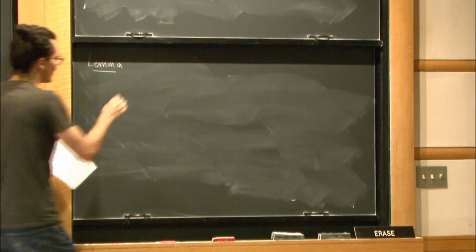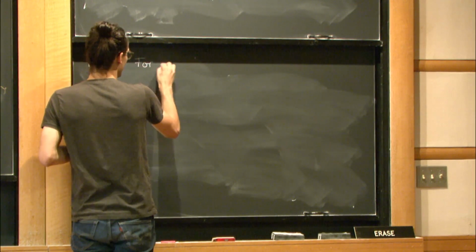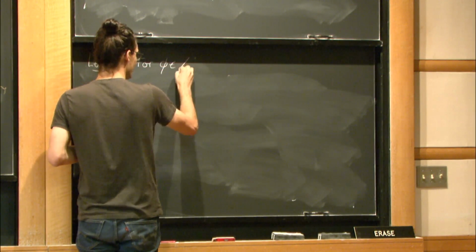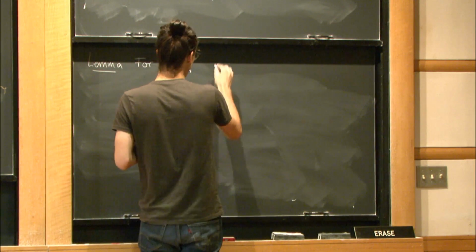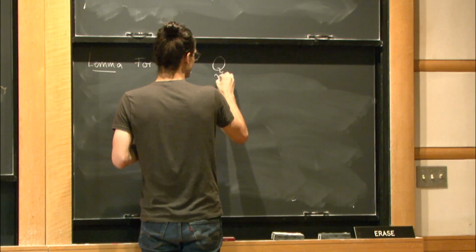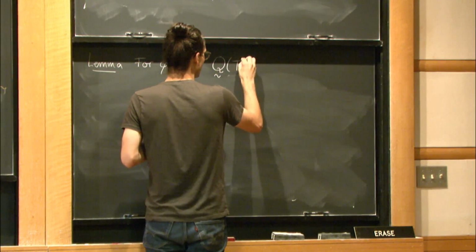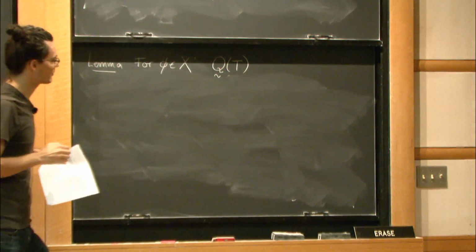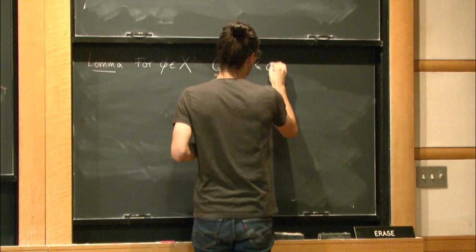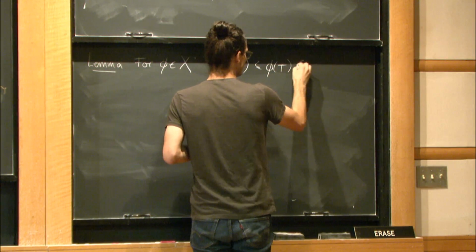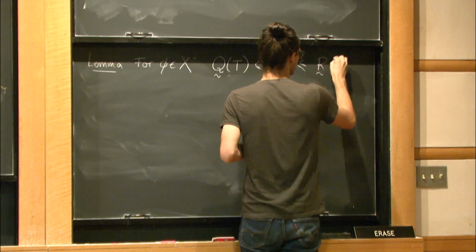For every phi in X, we don't know what they are, but let's take any phi in X, we have that the asymptotic subrank of t is upper bounded by phi of t, and the asymptotic rank is lower bounded by phi of t.